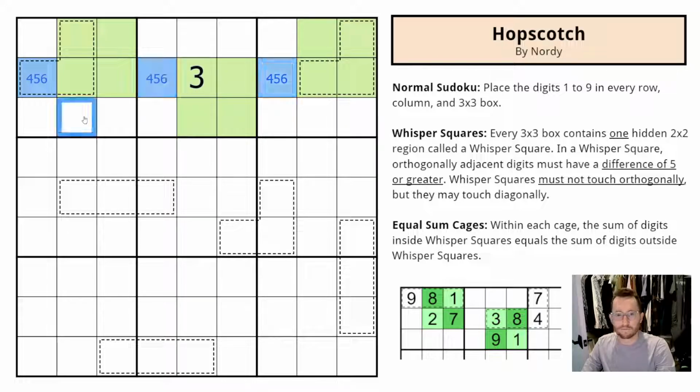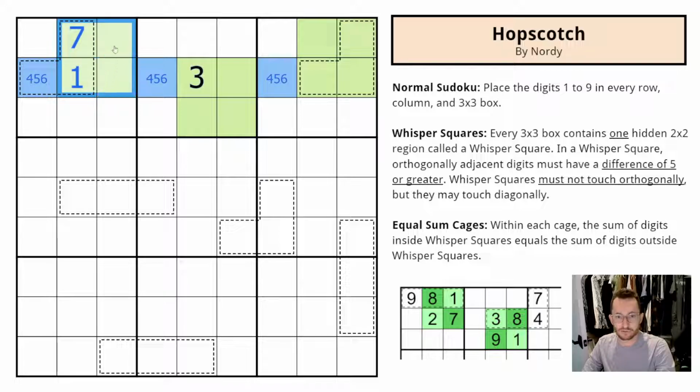So this square is going to be a 4, 5, or 6 if it's not a whisper square cell. But now if we're trying to add up 2 whisper square cells to get this one, we're going to run into a problem because one of these has to be a high digit, 7, 8, or 9. One of these has to be a low digit. And the lowest we can make both of these is 7 and 1, which means we'll never be able to make this sum.